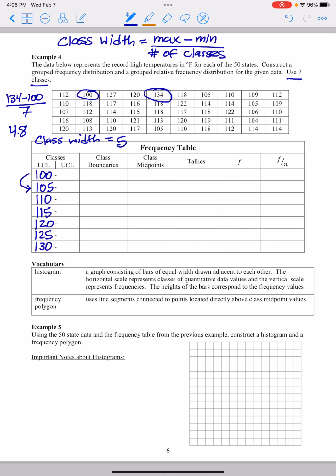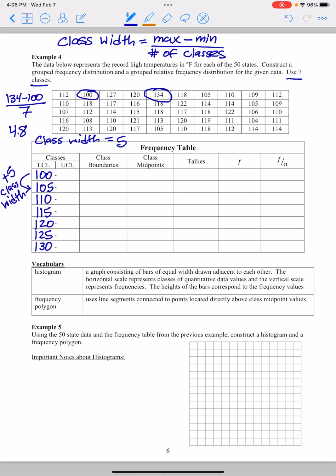Now that I know what my lower class limits are, I can figure out what my upper class limits are. And just remember that from one lower class limit to the next lower class limit is what we call our class width. So here we were adding 5. That is our class width.